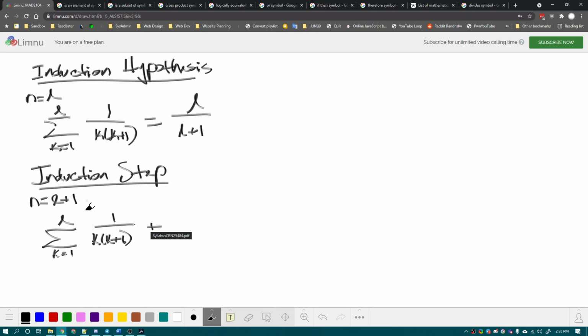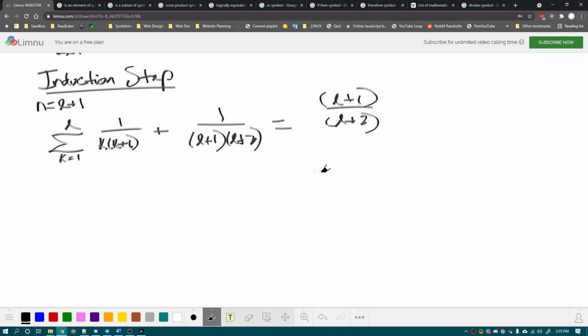Now I'm going to add one more iteration for the L plus 1. That's 1 over L plus 1 times L plus 2. And that's equal to putting L plus 1 for L here. So that's L plus 1 over L plus 2. My right-hand side is as simplified as I'm going to get, so I'll just leave that alone.